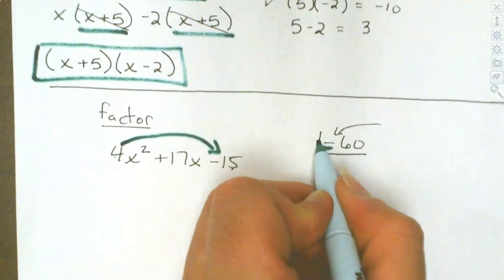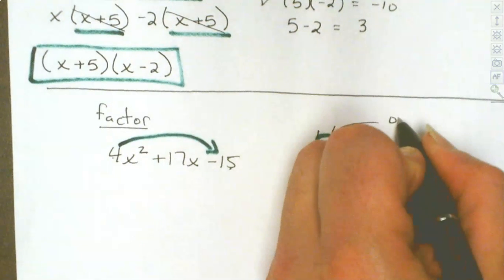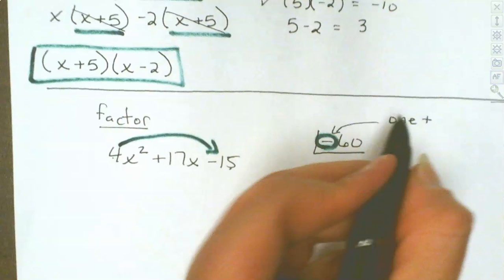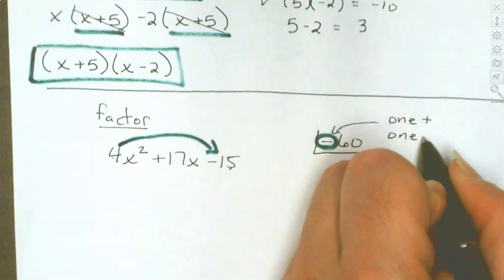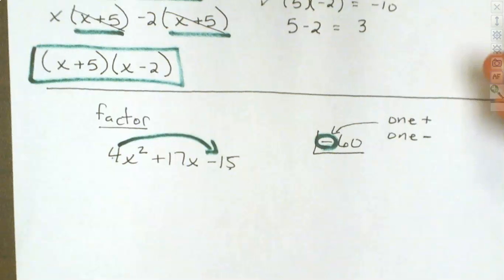And since this is a negative sign here, that tells us that one number is positive, one number is negative. If it was a positive 60, then they would either both be positive or both be negative.